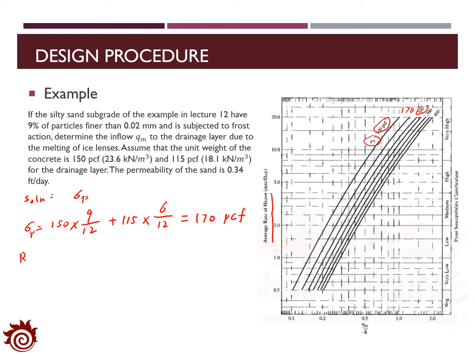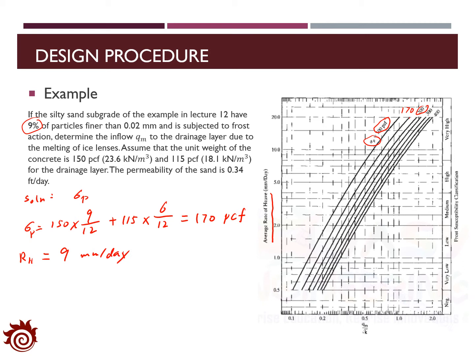In addition, we also need to find out the average rate of the heave. So we say that RH is determined based on the percentage passing, that is 9%. Then we can check the table that we showed previously with COT sand and 9% passing. The heave rate is 9 millimeter per day.